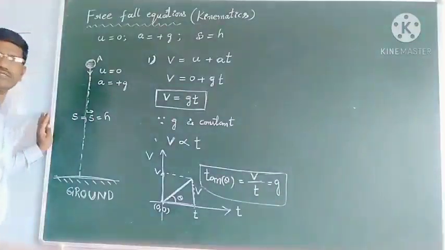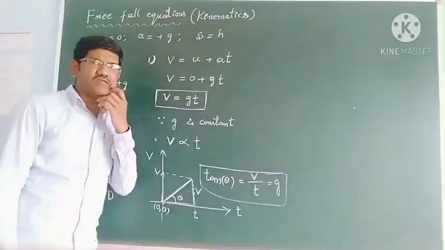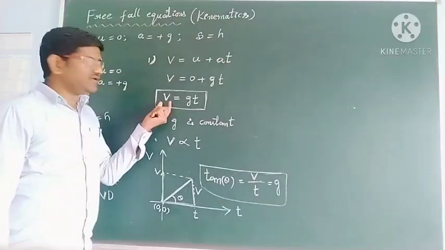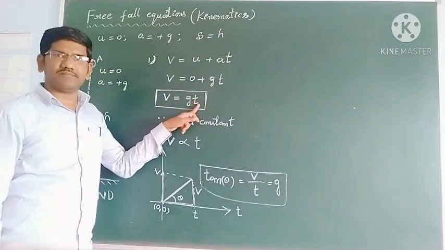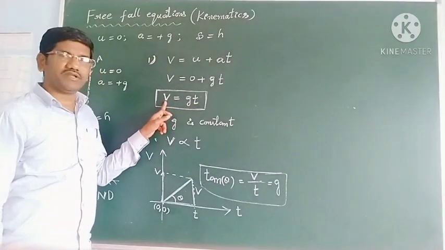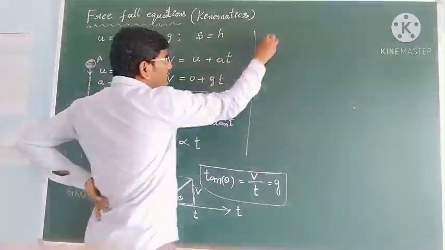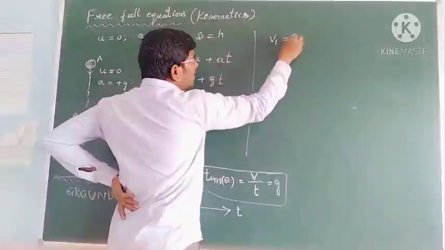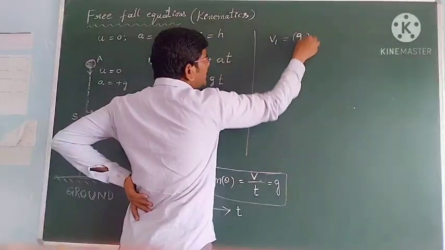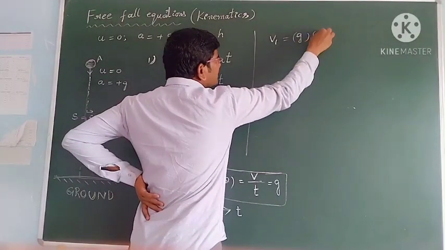Okay students, so this is the velocity of the freely falling body after t seconds. If I ask you the velocity after 1 second, you should write v1 is equal to g into 1 second.